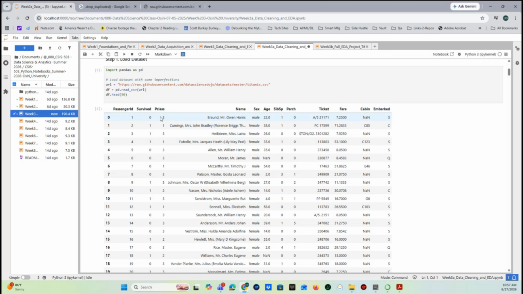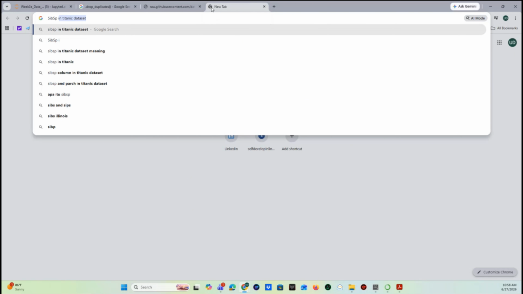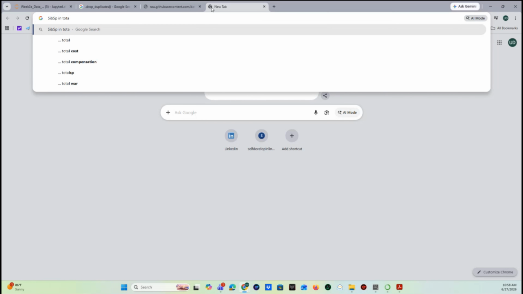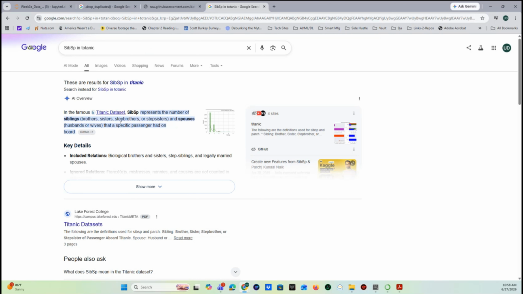So this fellow was in third class. His name was this. His sex was this. His age was this. SibSp. Not sure what that is. Let me check that up in the Titanic dataset. So this is what it was.